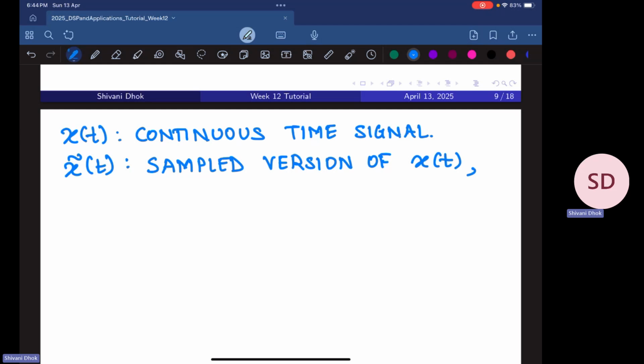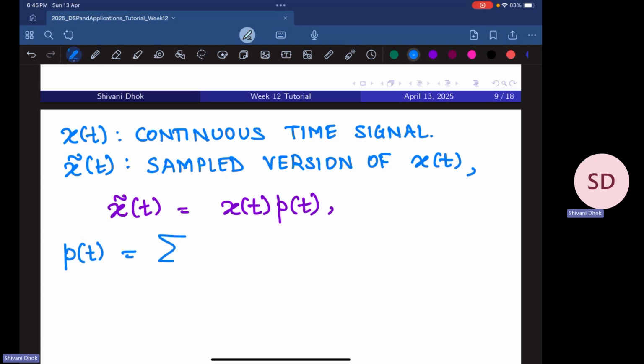That is, x tilde of t is simply x of t multiplied by p of t, where p of t is given by summation k running from minus infinity to infinity delta of t minus k times Ts, where Ts is the sampling duration.